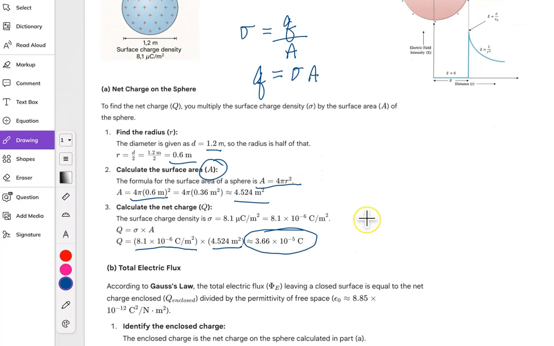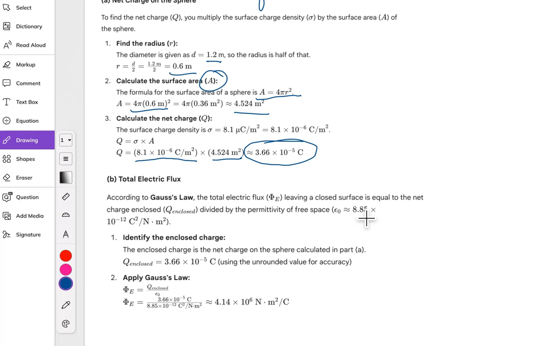Now that we have net charge, we can use Gauss's law to find out what the flux is. So remember, flux is basically the amount of charge that's going through a certain area. So it is probably better known as Q enclosed, so that's the amount of charge that is inside, and we just found that up here.